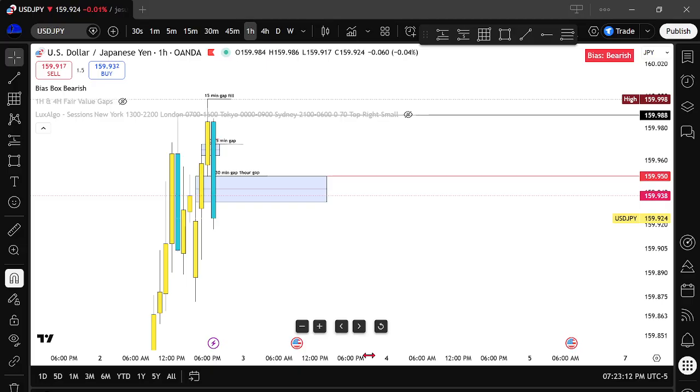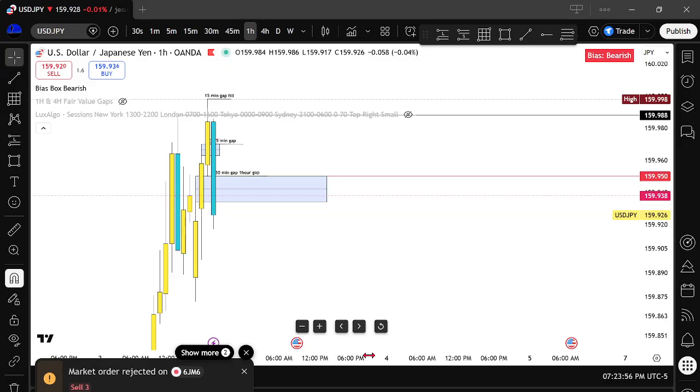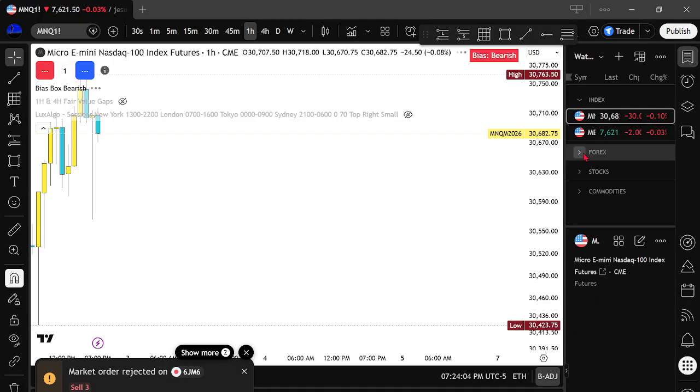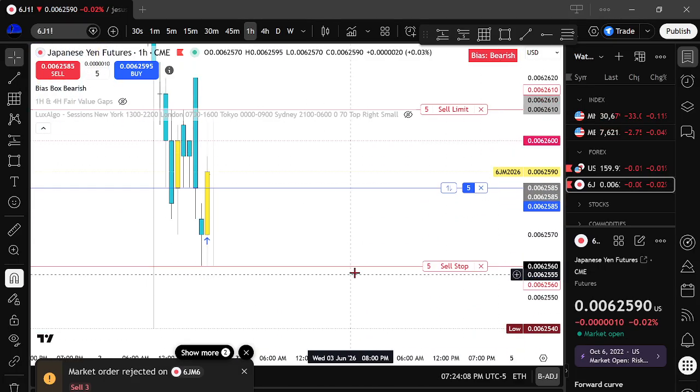Trying to set take profits, but it won't let me. It's kind of what the trade situation's looking like.